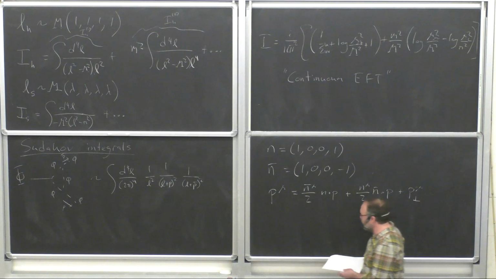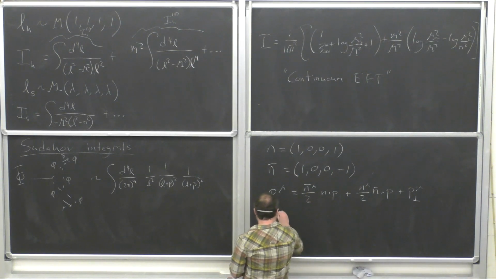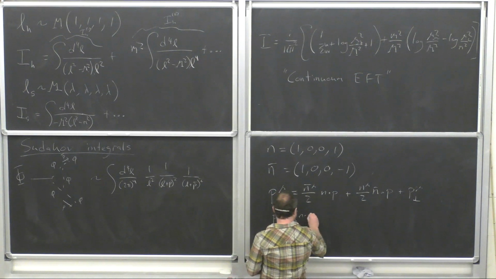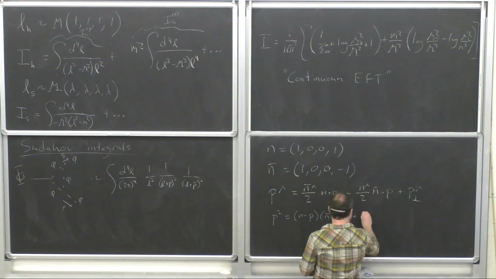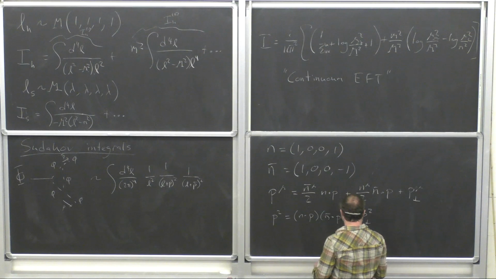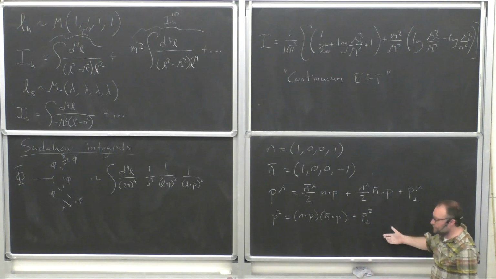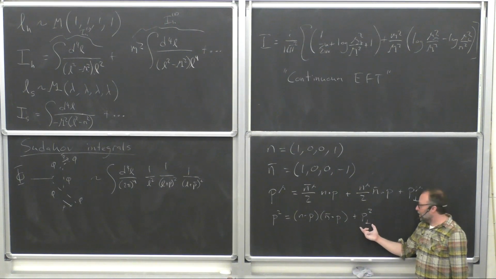And one of the key formulas is p squared equals n dot p times n bar dot p plus p perp squared. By the way, if you're getting into the details here, you've got to be careful whether this p perp squared is the 4-vector square or the 3-vector square.